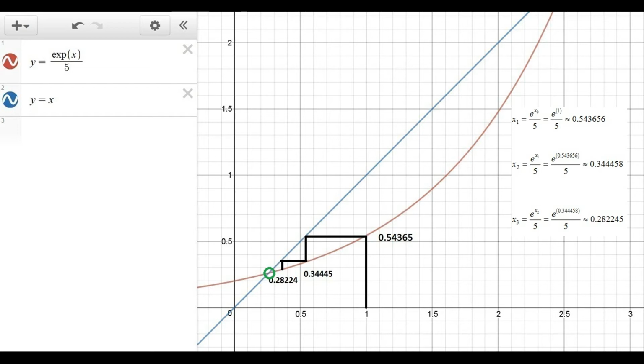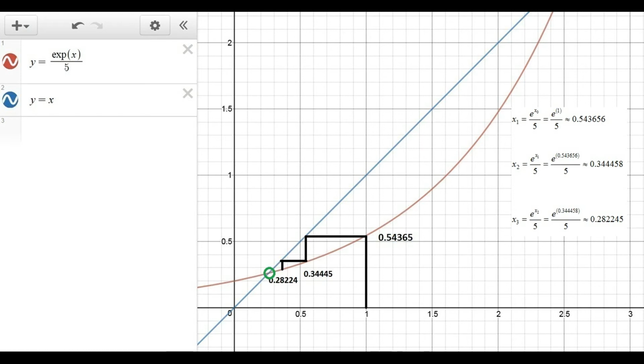But what I'm trying to get across is, by continuing the process, we're getting closer and closer to the point of intersection of these two curves highlighted in green, which shows the root of this equation, 5x minus e to the x is equal to 0. So that gives us a graphical idea in terms of how this iterative process is working.